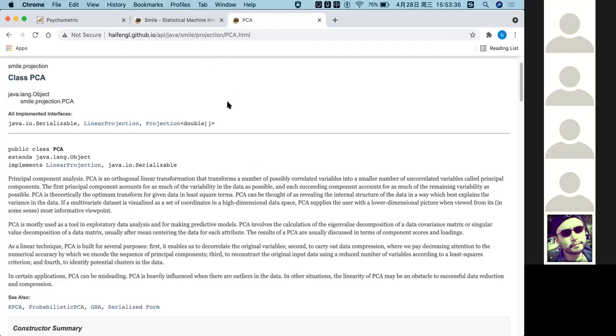Okay, you really need to understand what the PCA is. Let me see what's the best way to do this. Okay, can you see my screen? Yes. Hang on, wait a minute. Let me see.